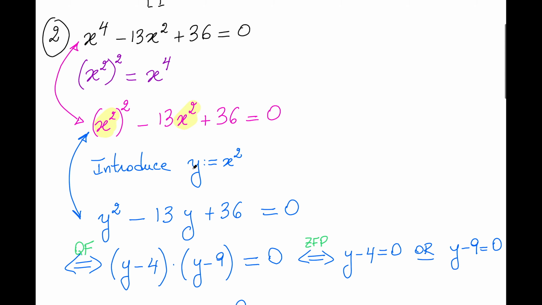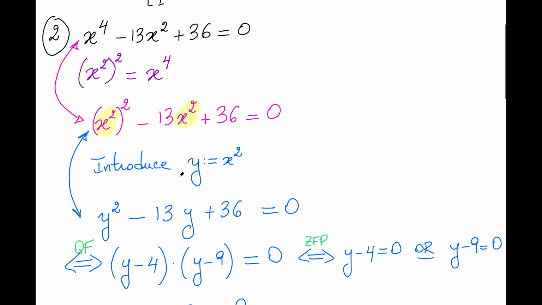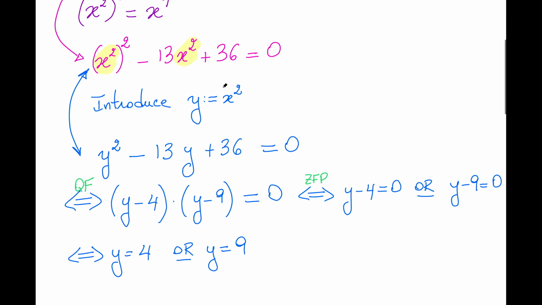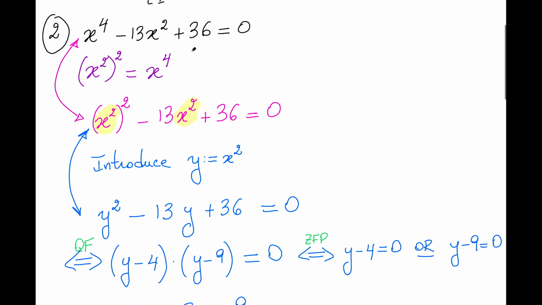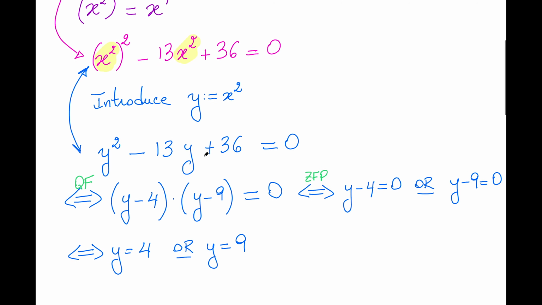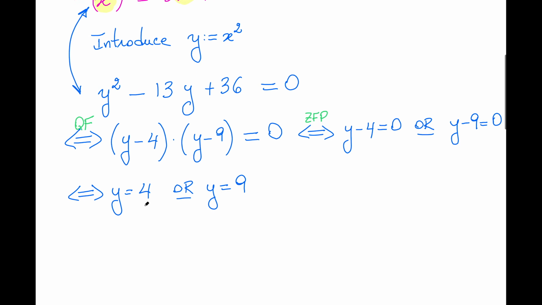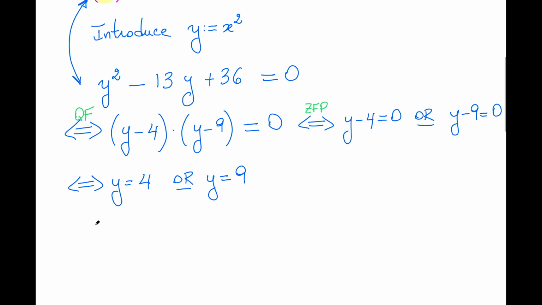Now that we know what y is, we need to translate the information to the x environment, and hence find the solutions of this equation. So y is 4 or y is 9, but y is x squared. I'm transporting information from the y environment to the x environment, and this is the relationship between y and x. All right, y equals 4 means what?